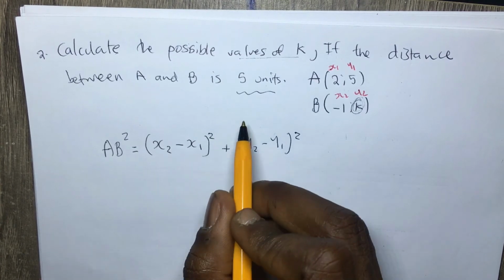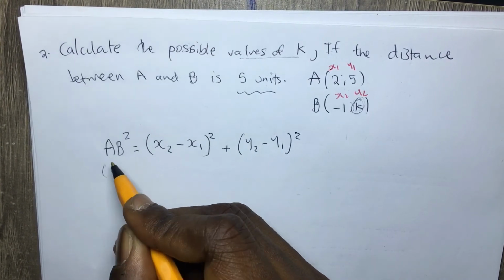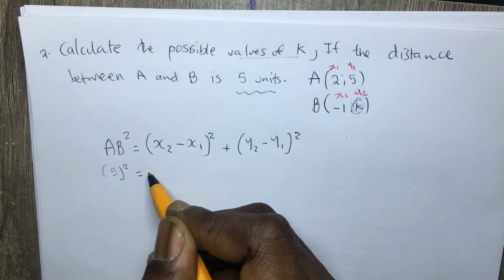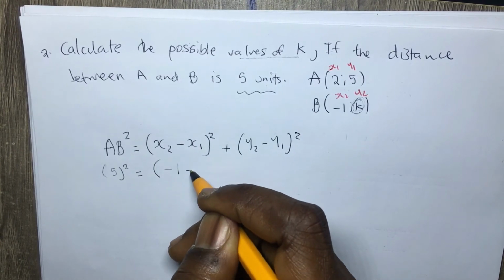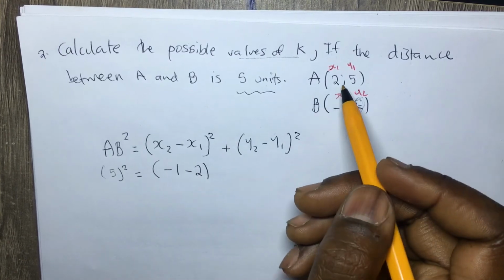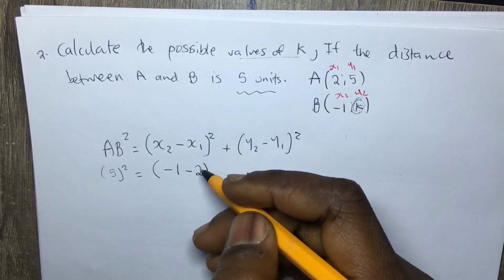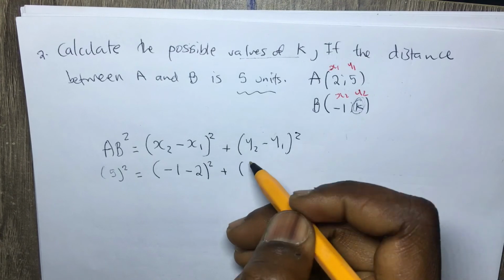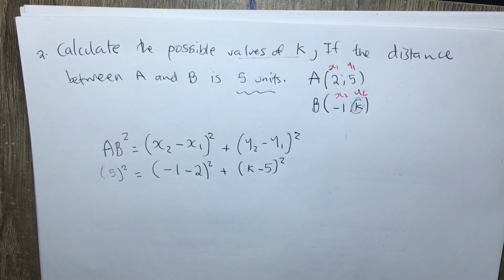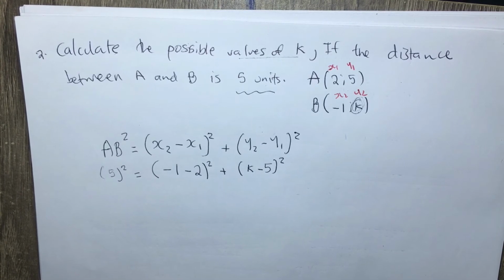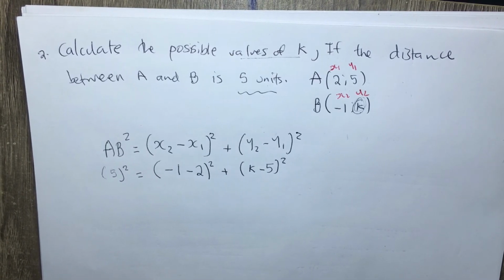No, we are given AB, it's 5 units. So I'm going to have 5 squared equals 2. X2 is how much? Now this is where it becomes interesting. So you're going to substitute the way you normally substitute. Squared plus y2 is how much? K minus 5. Okay. Then we try to solve the ones that are solvable.